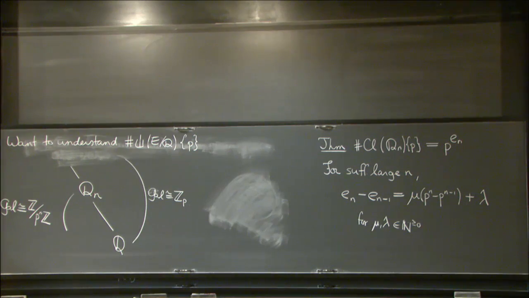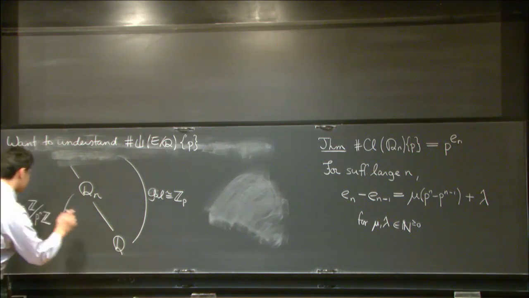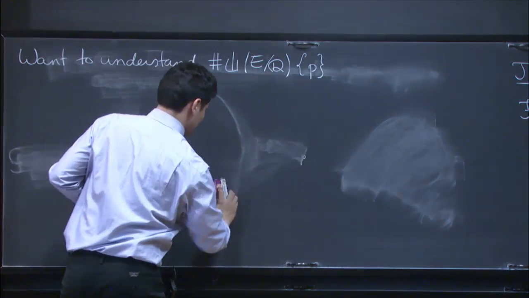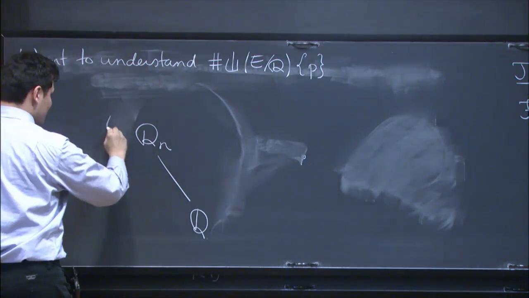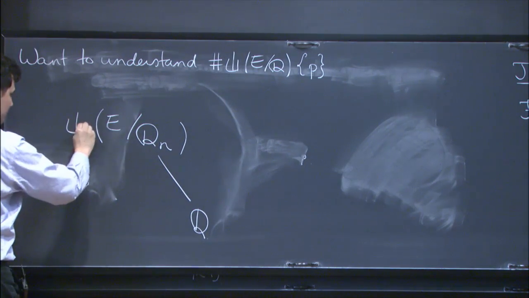So here's the idea that Mazur had in the 1970s. Instead of just understanding SHA of E over Q, why don't we understand SHA of something much harder? The SHA of E over Q_n.